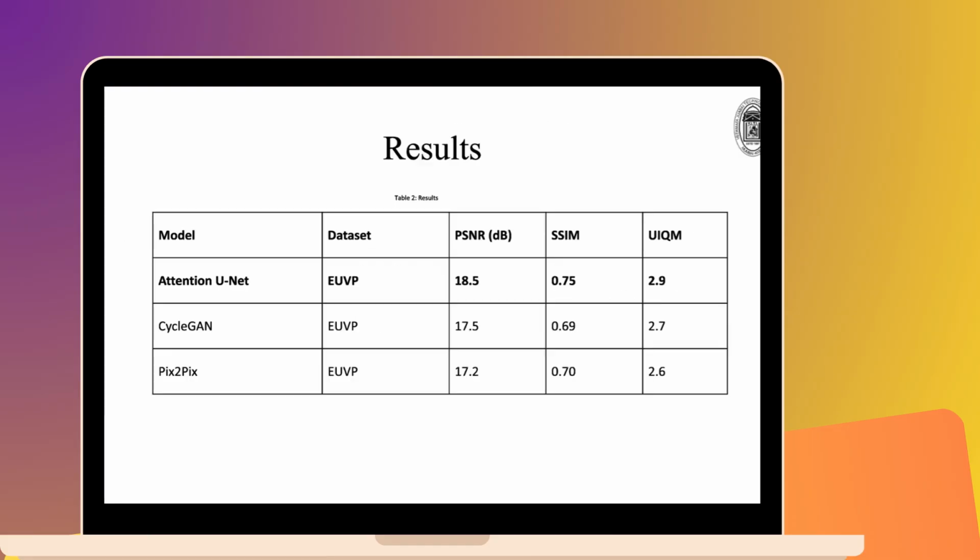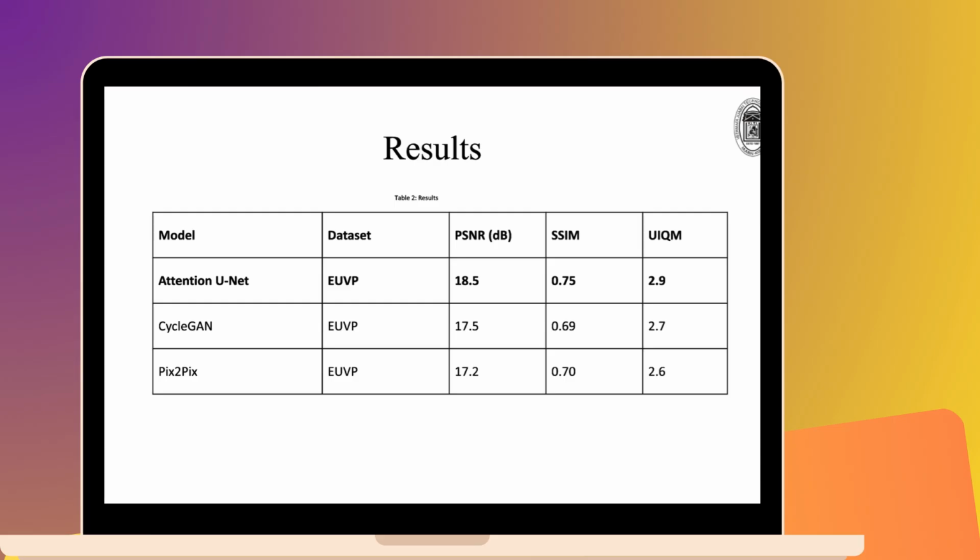After training and testing the models on the EUVP dataset, we obtained the following results. Attention U-Net achieved the best performance with a PSNR of 18.5 decibels, SSIM of 0.75 and UIQM of 2.9. CycleGAN achieved moderate performance, and Pix2Pix showed stable results but slightly lower enhancement quality.